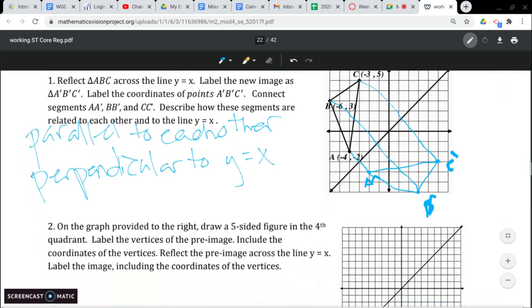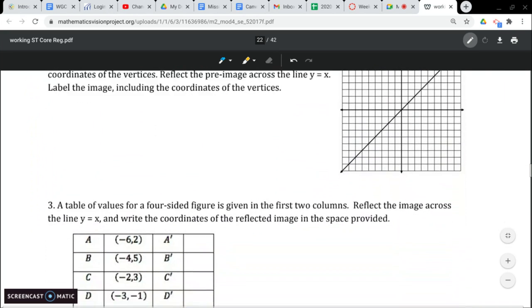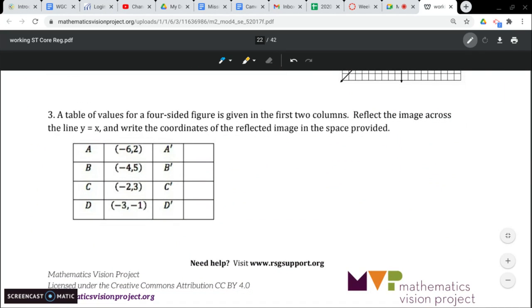All right, the next one we're going to take a look at is number 3. A table of values for a four-sided figure is given in the first two columns. Reflect the image across the line y equals x. Write the coordinates of the reflected image in the space provided. Remember, the relationship is just switch your x and y. So for A prime, it's going to be 2, -6.